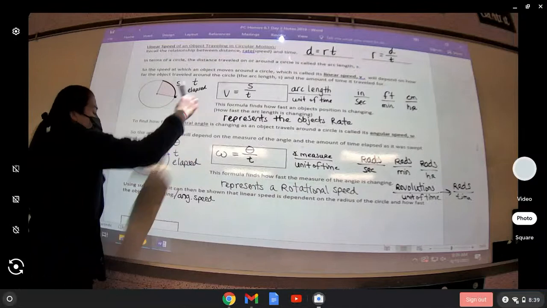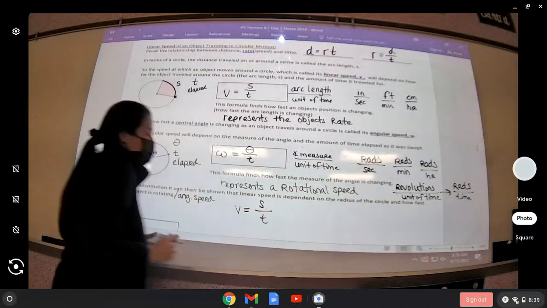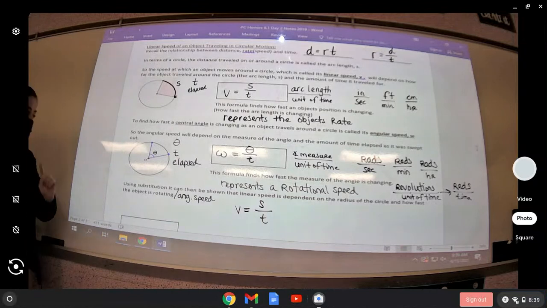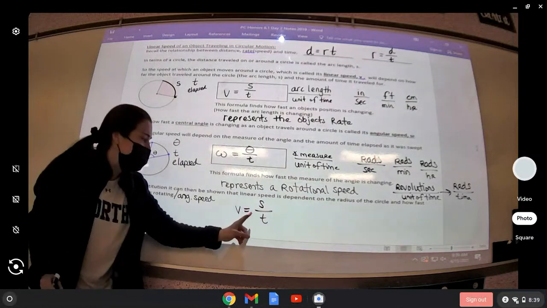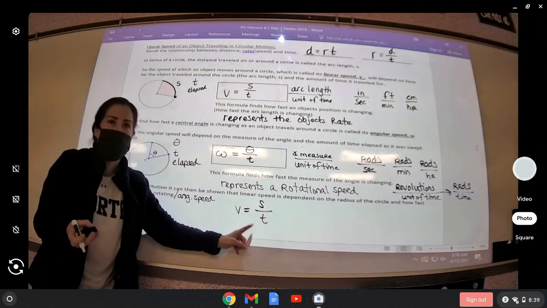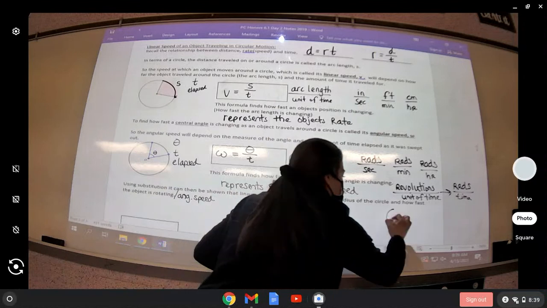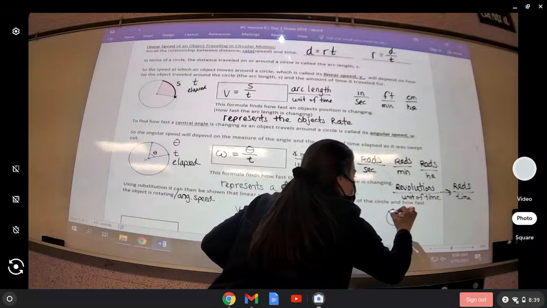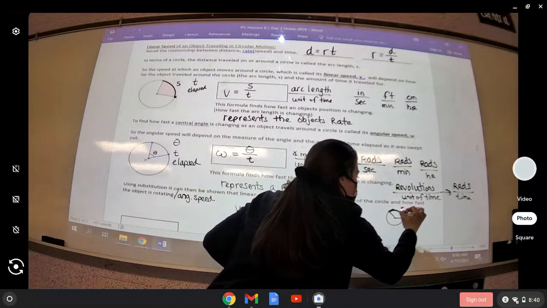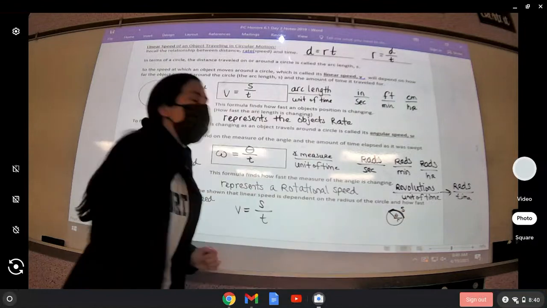So watch this. Take your linear speed formula, right? Your linear speed said that the speed of the object will be equal to the length of that arc, the distance it traveled, divided by time. Well, guys, hold on. Arc length, radius, and an angle.